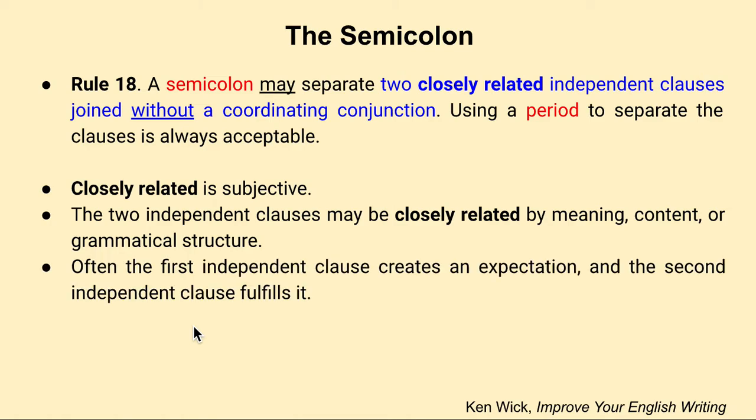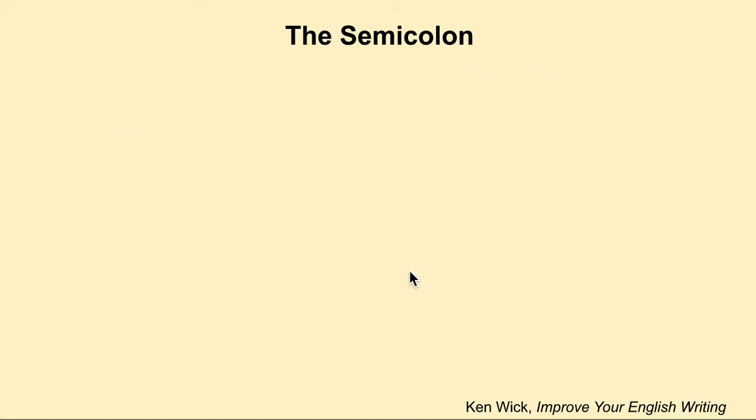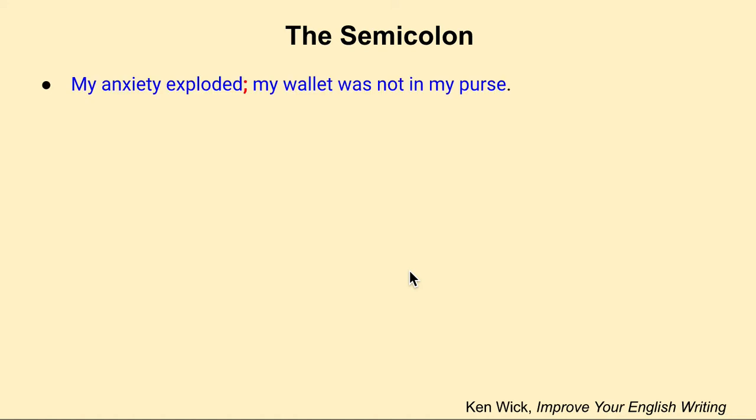And often, but not always, the first independent clause creates an expectation and the second independent clause fulfills that. So that's maybe a good use of the semicolon. Let's look at a couple examples. You could say, my anxiety exploded; my wallet was not in my purse.